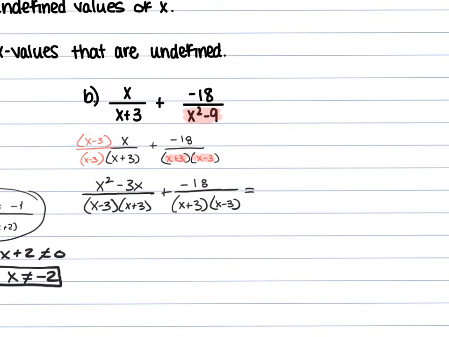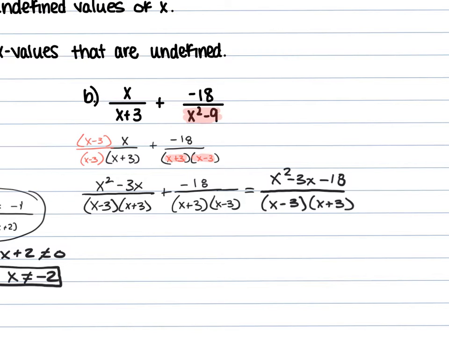We're just adding these things together. They're still going to have the same denominator because that was the whole point of getting a common denominator. X minus 3, x plus 3. And on top we've got x squared minus 3x minus 18. We just added those things together.